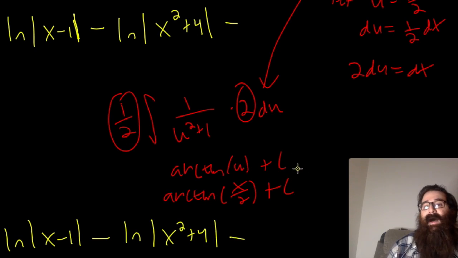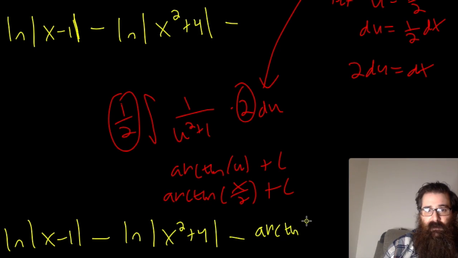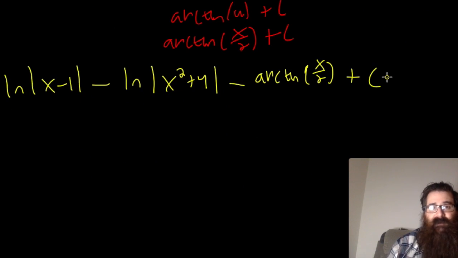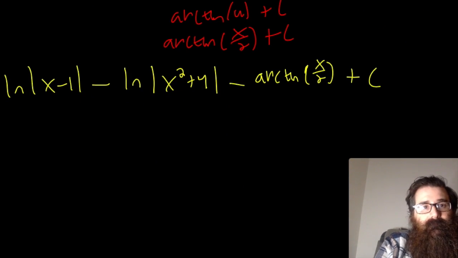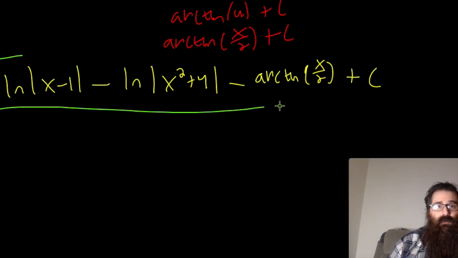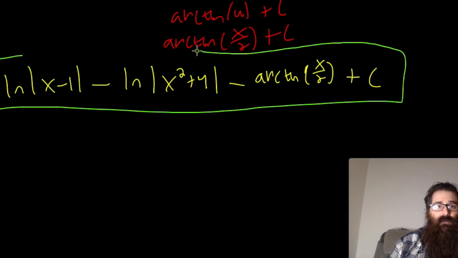Minus, we had to modify and do a u sub on this third piece to get an arctangent form, and this gave us arctangent of x over 2, and then plus our constant c. But hey, we did it. So hopefully that feels good for you, feels great.